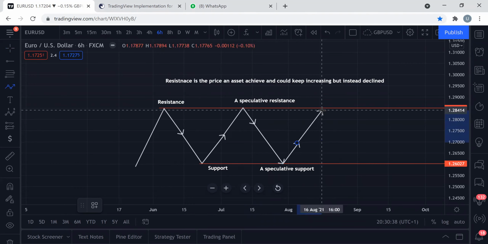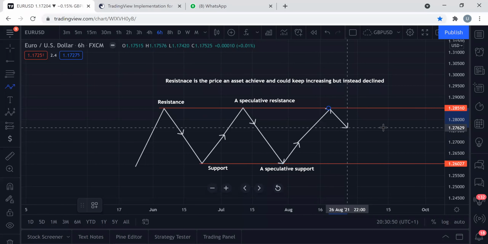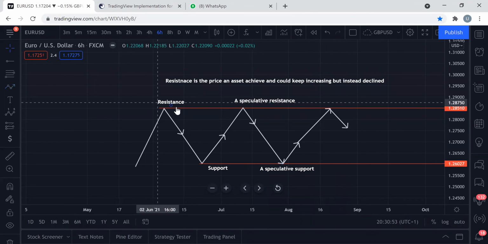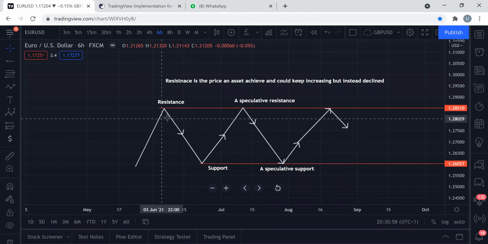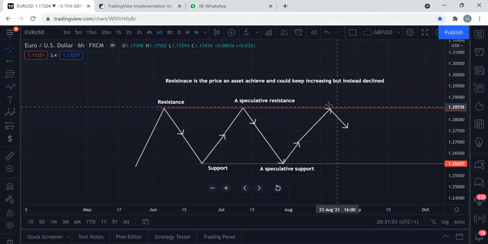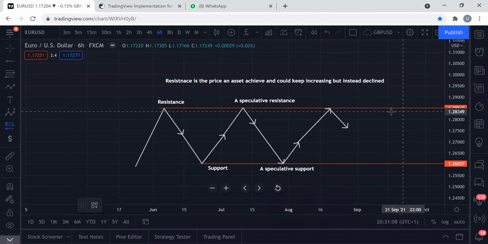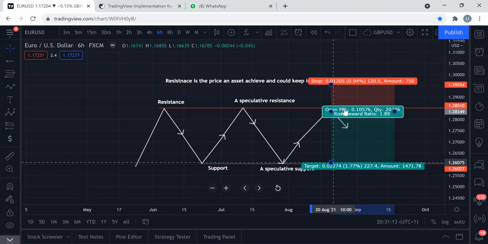If the price goes up to the resistance, we can easily expect that the price will make a U-turn, because the first time it got to the exact level, it reversed, came back to it again, reversed. Then when it comes the third time, we can easily predict that it's going to reverse again, something like this.